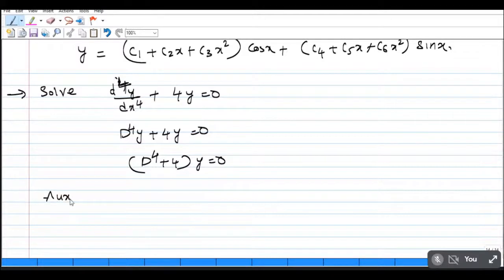What is the auxiliary equation? The auxiliary equation: m power 4 plus 4 equal to 0.